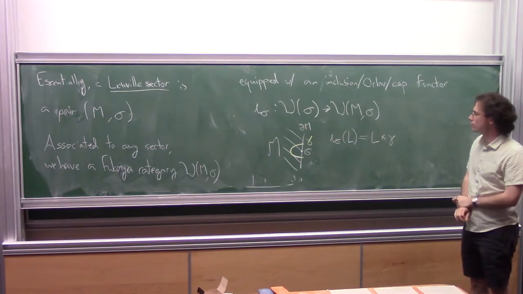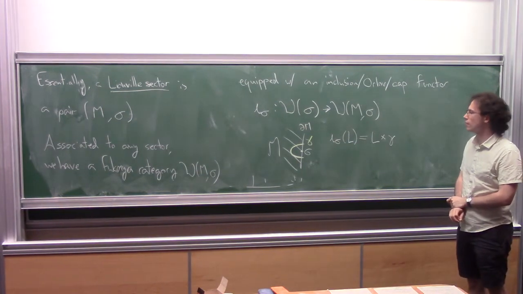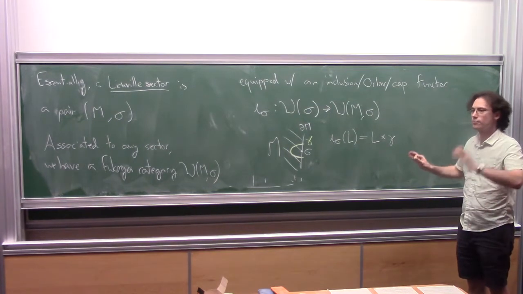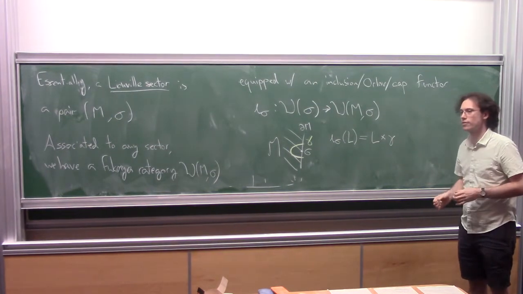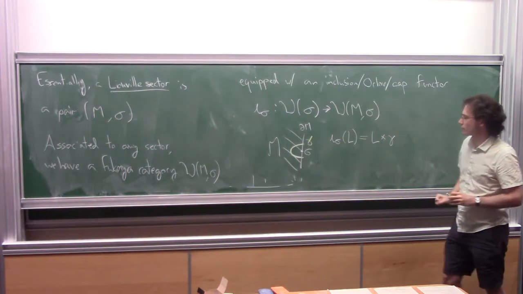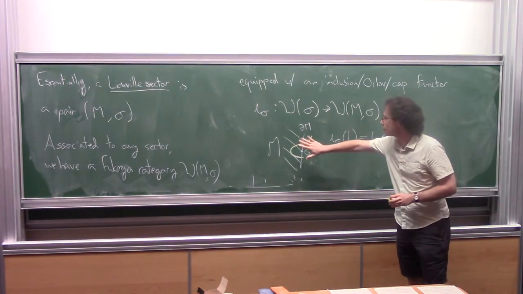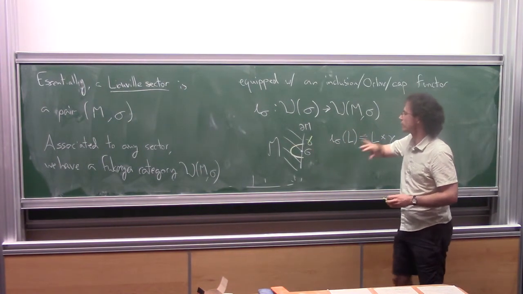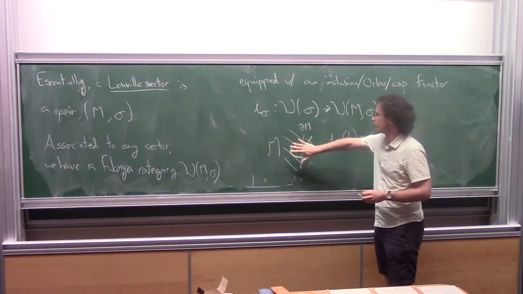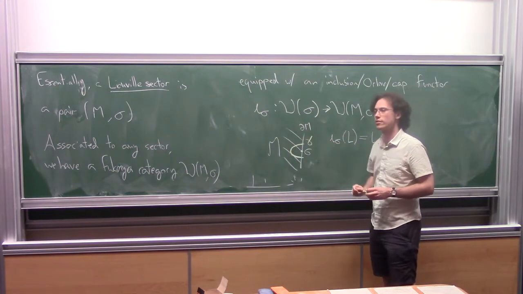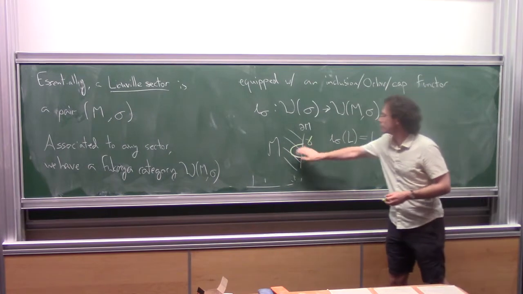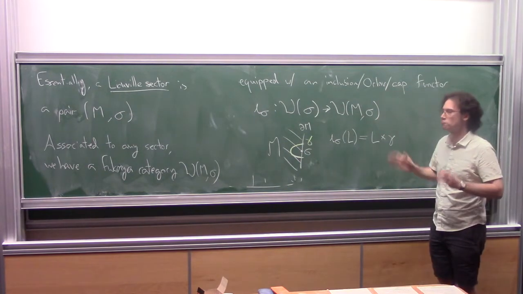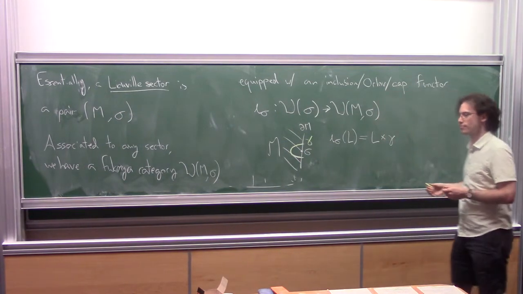Canonical means it doesn't depend on the choice of sigma, up to homotopy. So up to a contractible set of choices, there's a unique projection to C, and you can just write down what this gamma is.